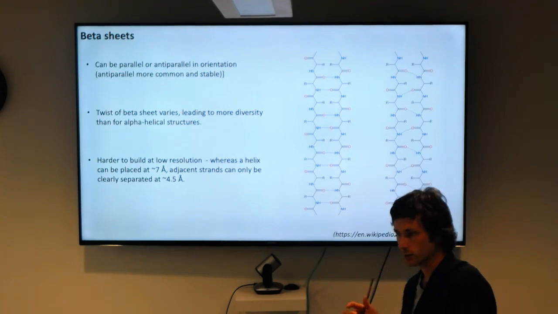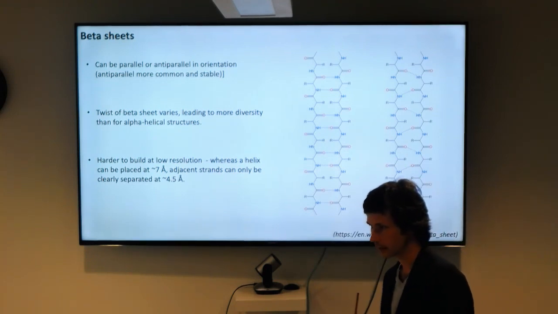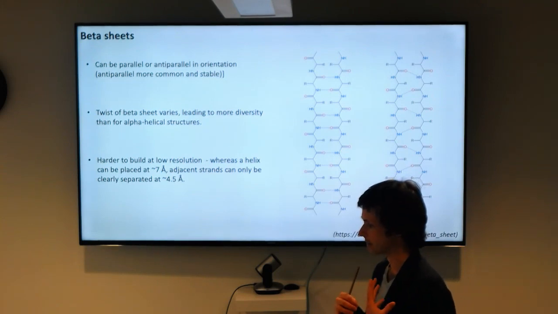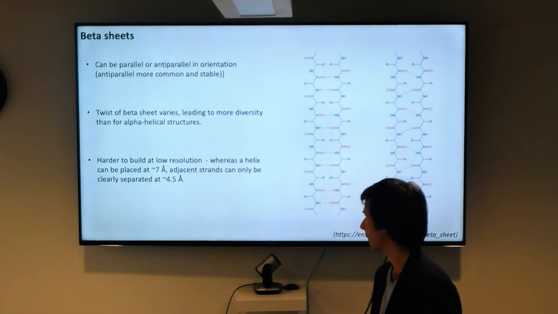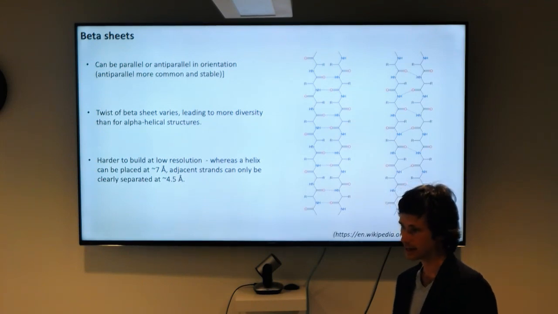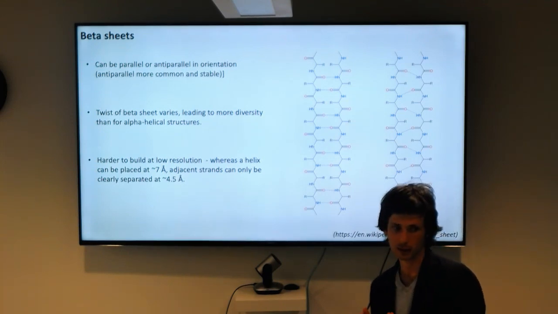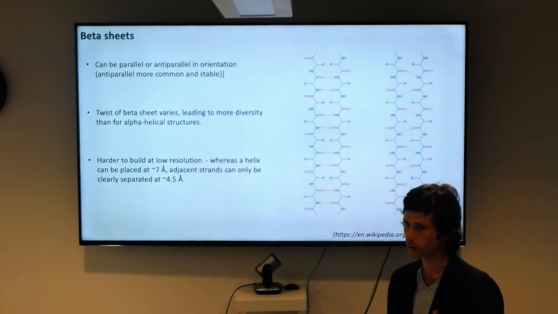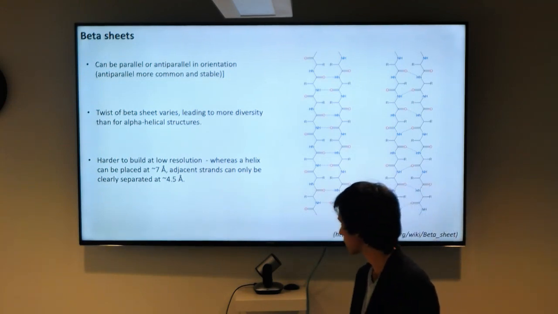The twist of the beta sheet varies, which makes them harder to build automatically and leads to more diversity between different beta sheet structures. And they're much harder to build at lower resolution. So where you can place a helix fairly reliably at like 7 angstroms, you really need to be at 4.5 before you can properly place a single beta strand.